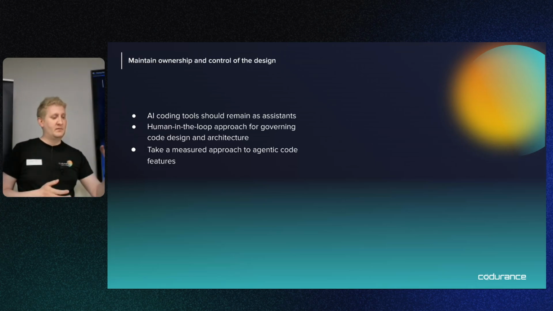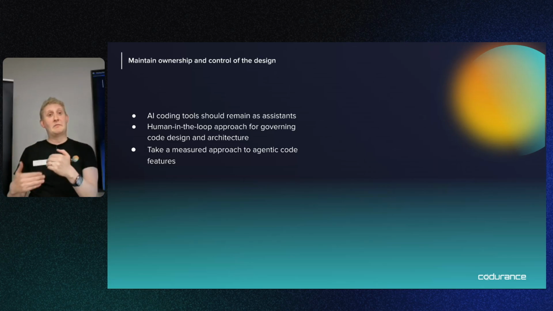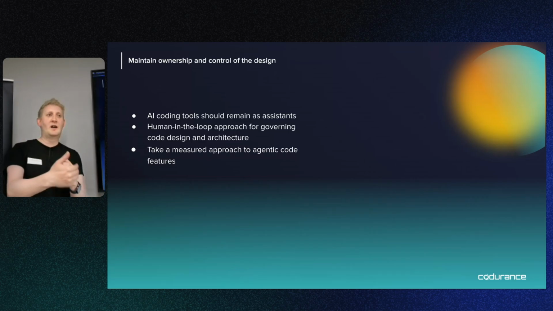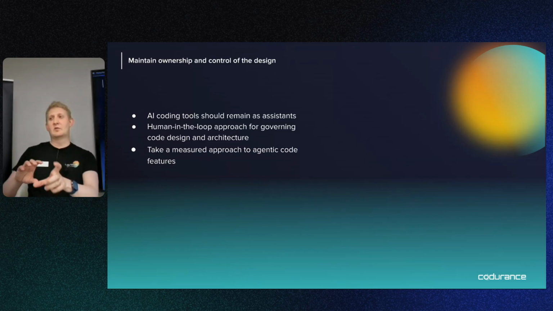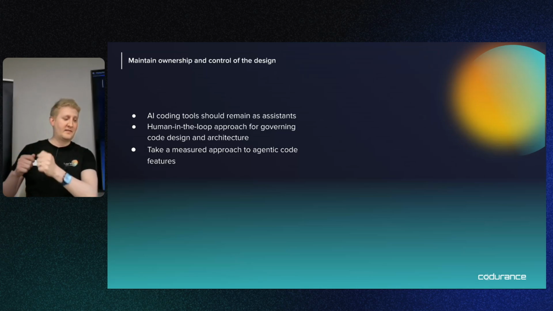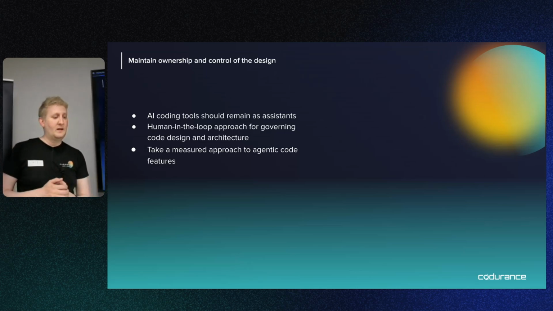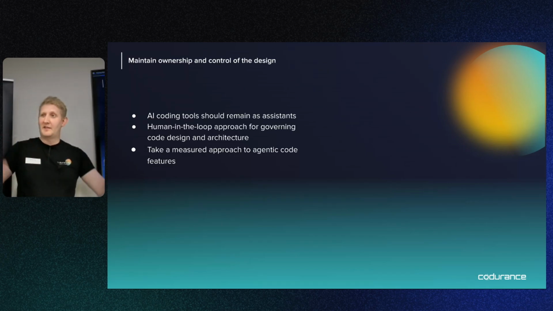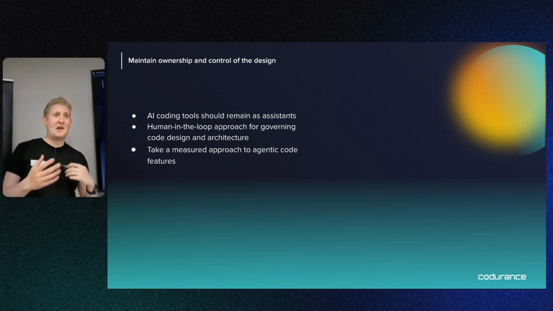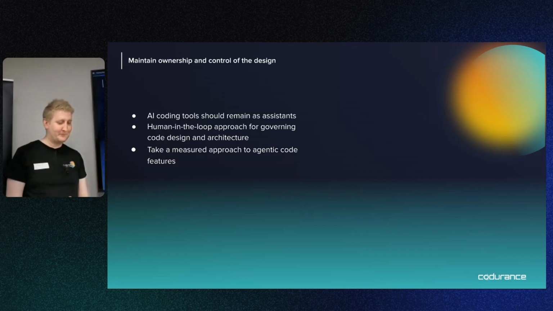So we tend to prefer a strong human in the loop approach where we're analyzing and reviewing the output coming back from these tools and making sure that it's still going in the right direction for our code base and architecture, or that it's good, but not quite there, so let's refine that a little bit. So we make sure we as developers are still driving the bus in terms of the overall design and the development of the code.